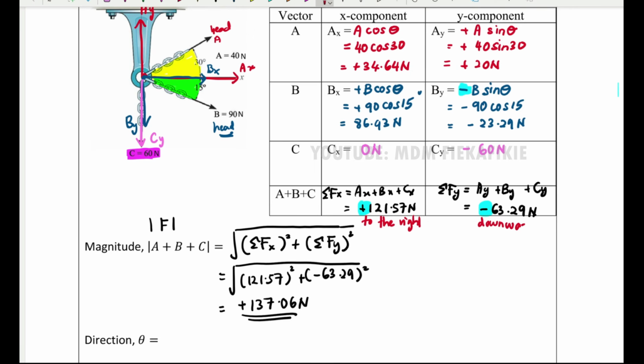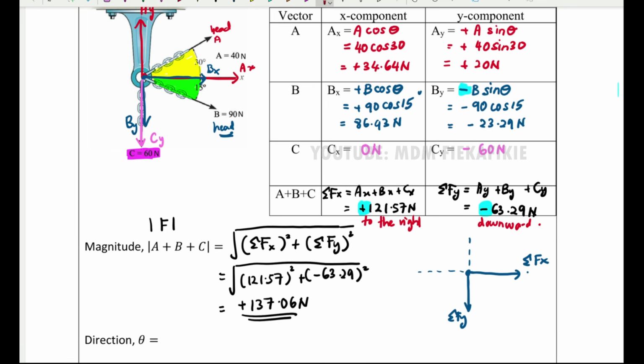Kita nak tahu dia dekat kuadran mana direction dia. So, kita pun lukislah. Okay, kita ada y-axis. And then kita ada x-axis. So, total Fx kita tadi to the right kan? So, dekat sini. Okay. And then kita punya total Fy kita negatif kan? So, dia mesti downward dekat sini.